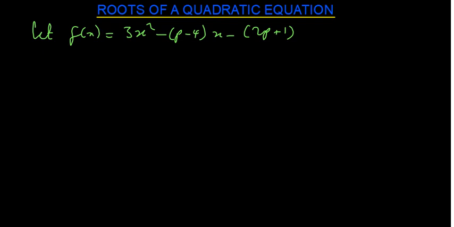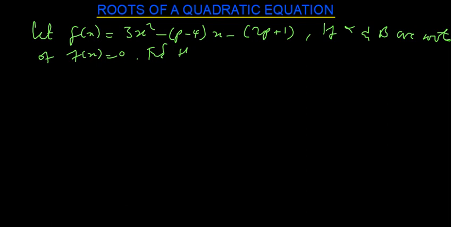Now they say if alpha and beta are roots of f of x is equal to 0, find the equation whose roots are alpha plus 2 and beta plus 2.